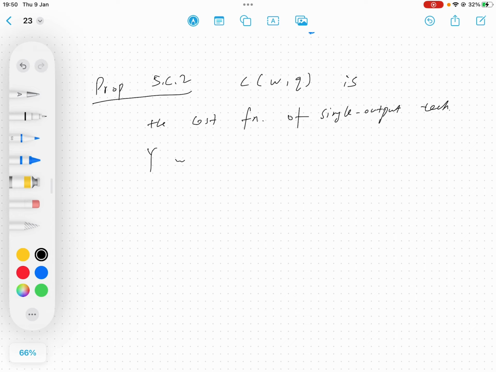Y, okay, with production function F, and Z will be the solution, or the corresponding demand correspondence.